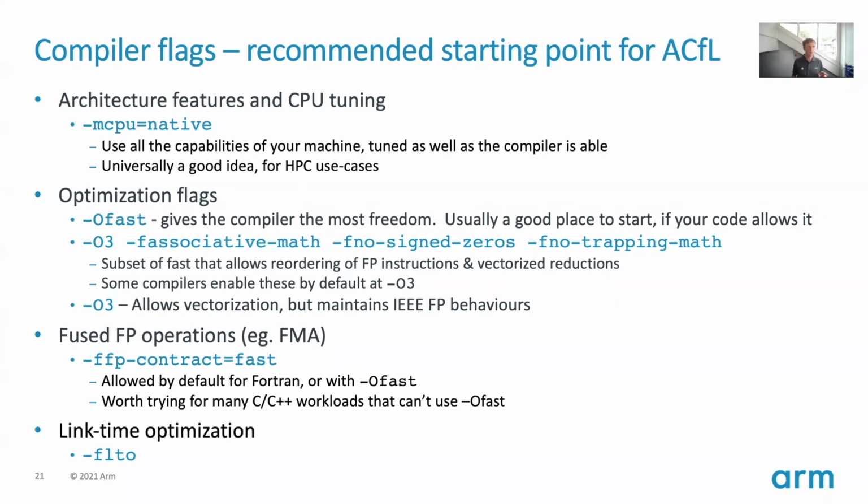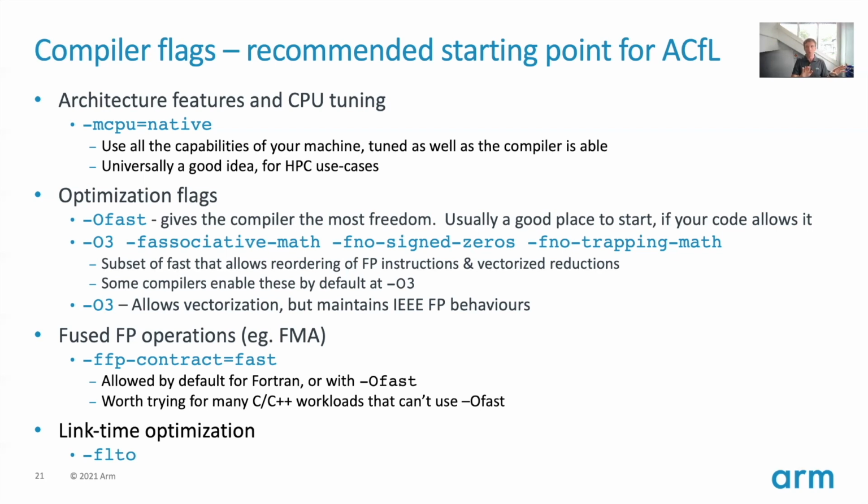So if you imagine that you are building multiple objects as separate compilation steps, and then you link them all together with the linker as the last stage of compilation, if you don't have this flag, then if you have a function call in one of those objects to some function in another of those objects, then the contents of that function are a black box to this object over here.